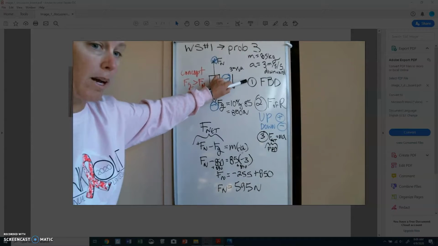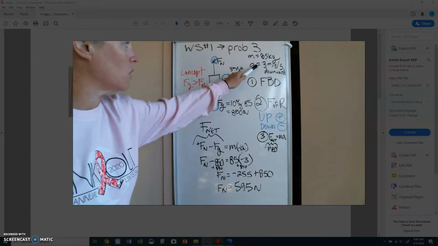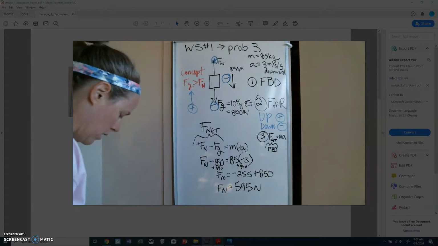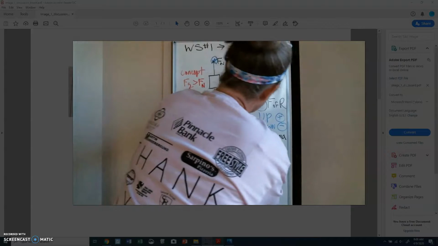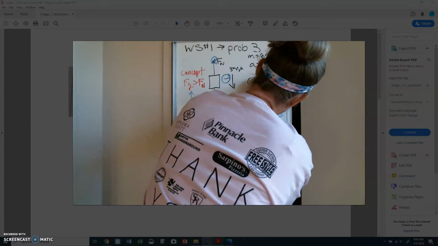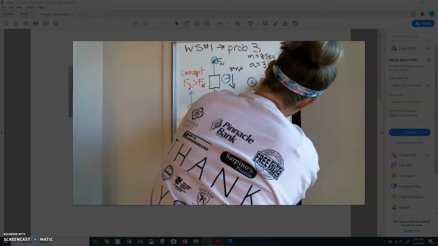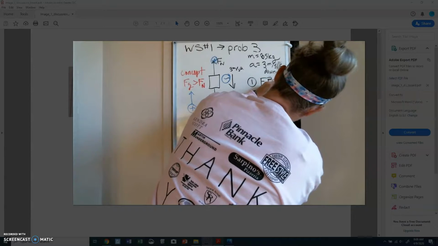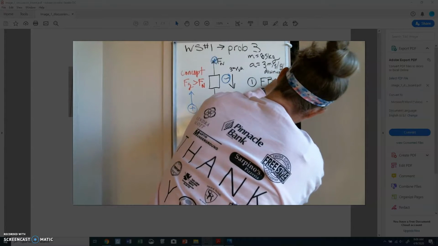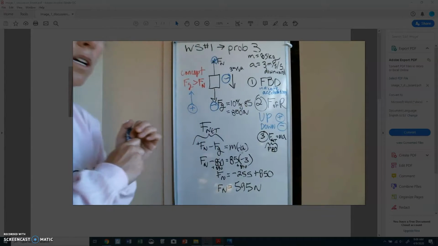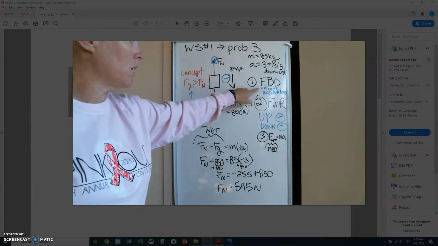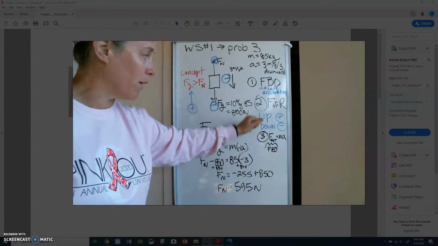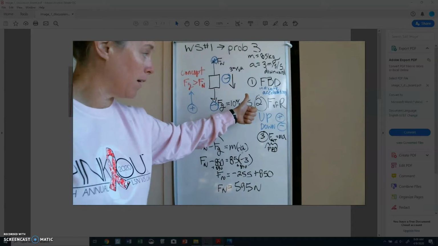So first step, free body diagram, but let's note the acceleration. Let me put that in a different color. Indicate the direction of the acceleration, establish your frame of reference. Up is positive, okay?